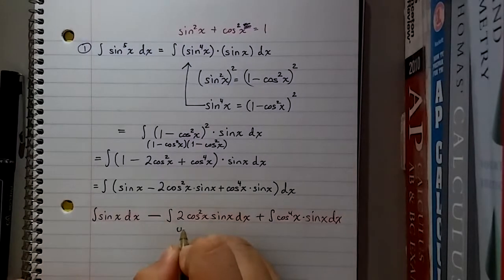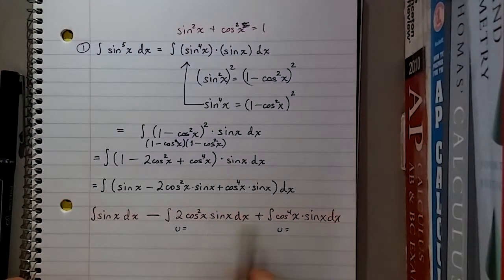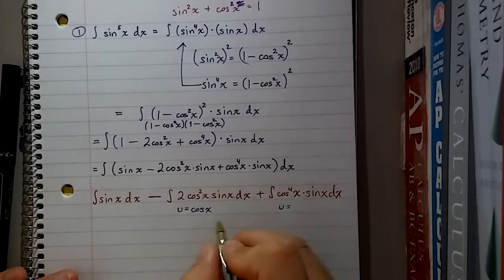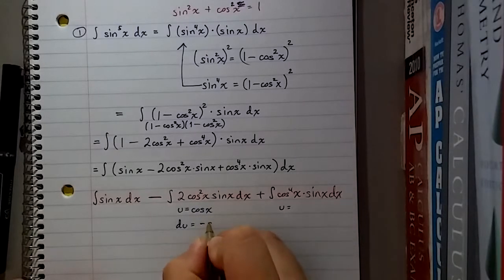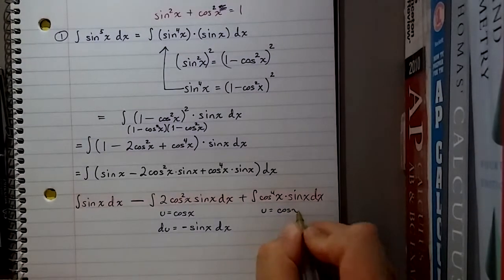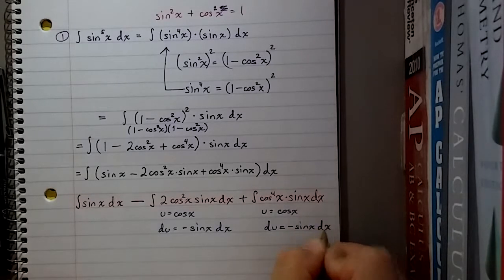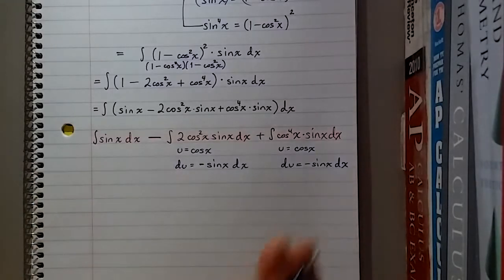So U, if you know your U sub pretty well, U has to be cosine x here. Therefore, your du becomes negative sine x dx, and the same story here as well. Now, if you think this is long, you're not going to enjoy the next 3 steps, because this is the easiest portion.